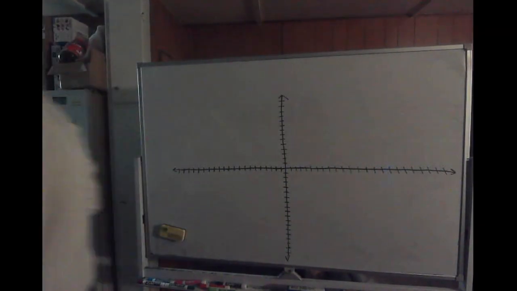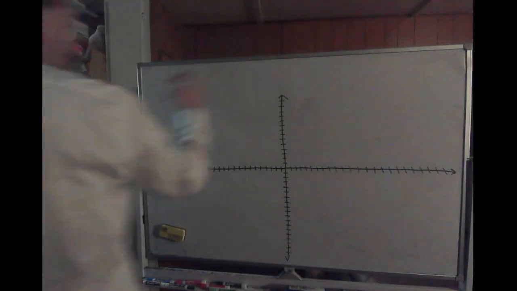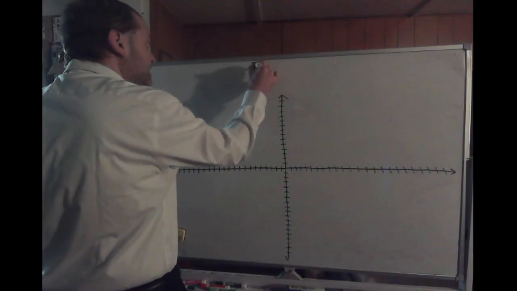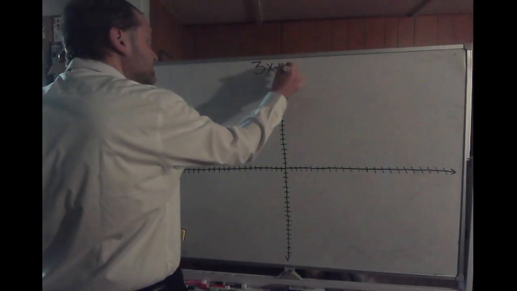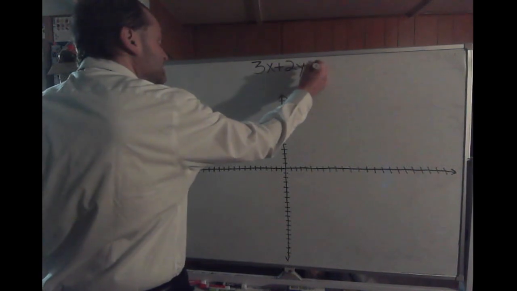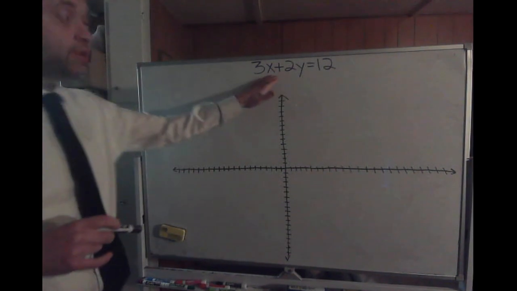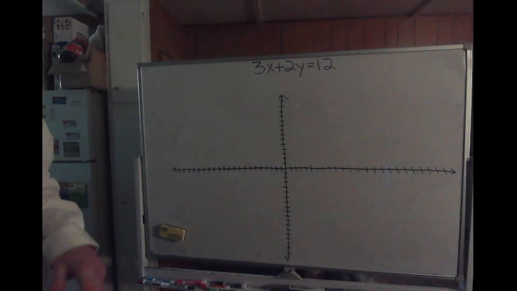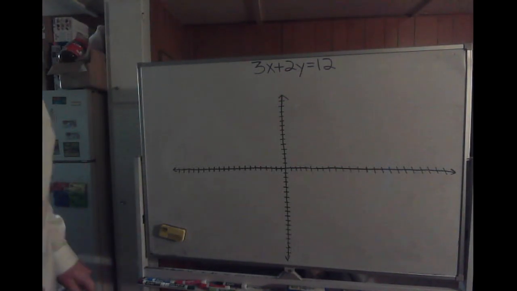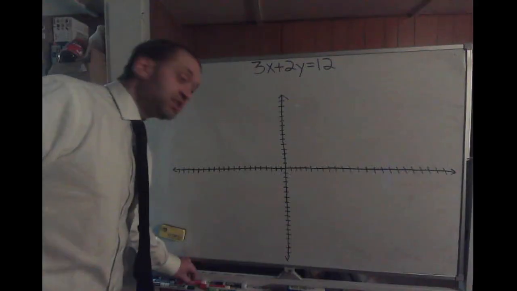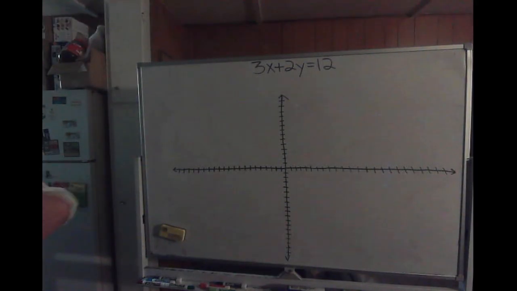Let's say we have the equation. This time we have 3x plus 2y is equal to 12. So we have the equation 3x plus 2y equals 12. Well, again, let's start out by finding our x and y intercepts.